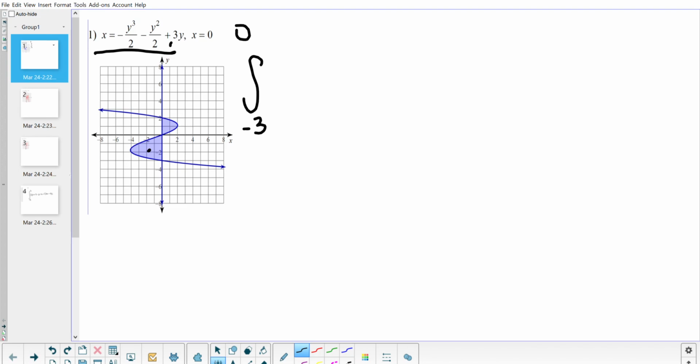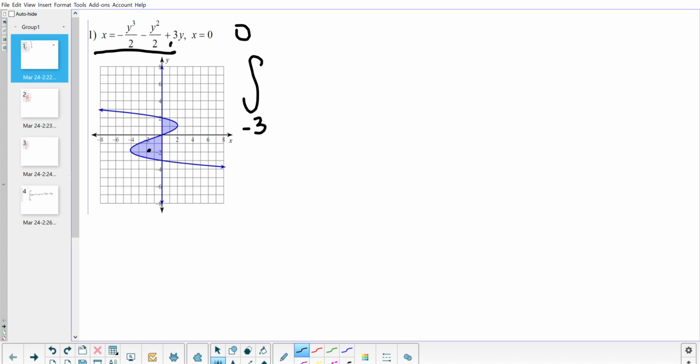And for that area, since we're doing this in terms of y, that means we're doing right minus left. And the right curve is actually a vertical line, x equals 0.